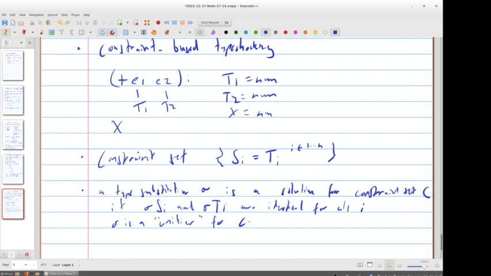This stuff is really neat because it's not that hard to implement. We'll see that the algorithm for solving for these is actually quite small and simple. So you can implement this yourself, and it's really kind of amazing because this is real type inference.